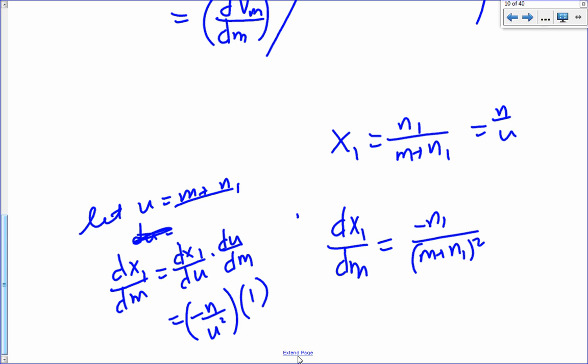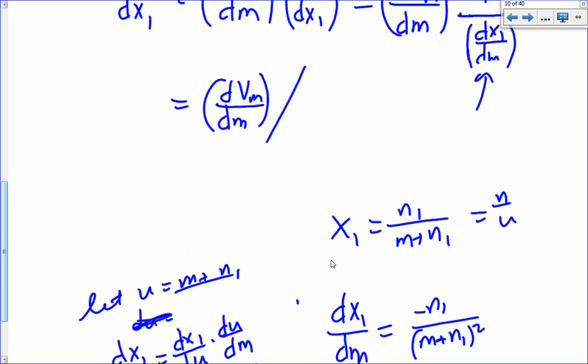And u is just m plus n1. So this thing right here is going to be negative n1 over m plus n1 squared.